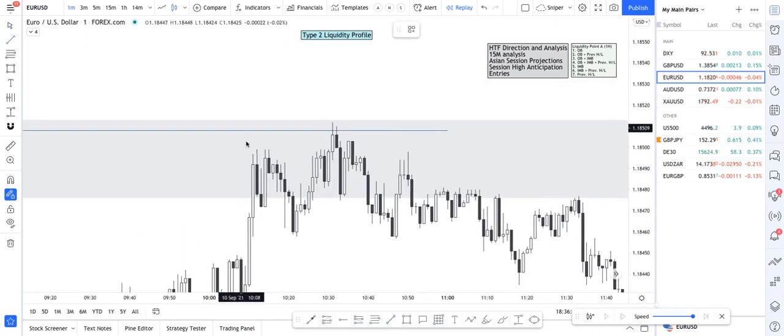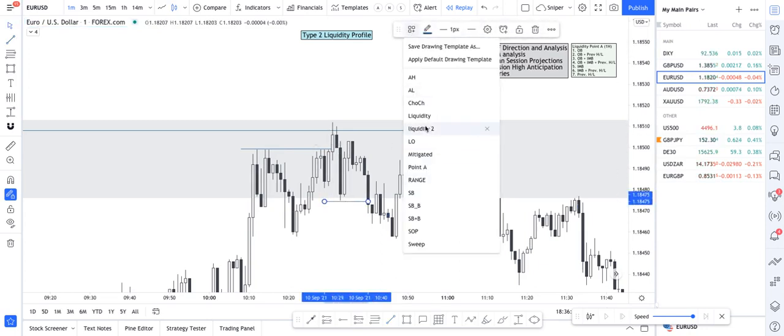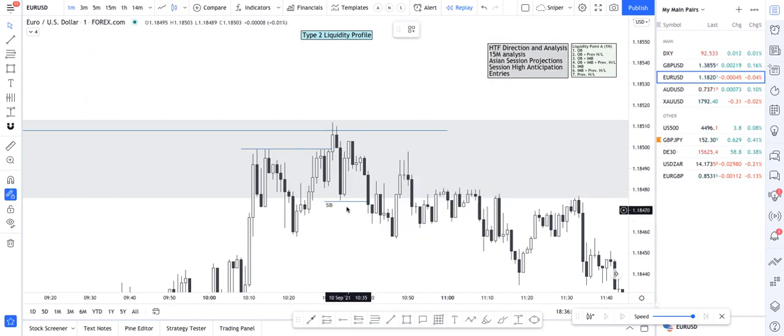So again, we can identify that we've reached this area. We can see we created equal lows, equal highs. We've swept those equal highs and we started pushing down, and we started breaking structure towards the downside. Structure break over there, and we have, it's not really a structure break, but almost a structure break.